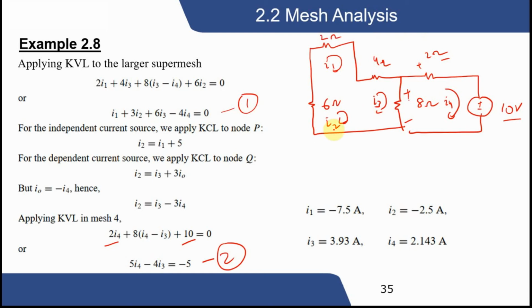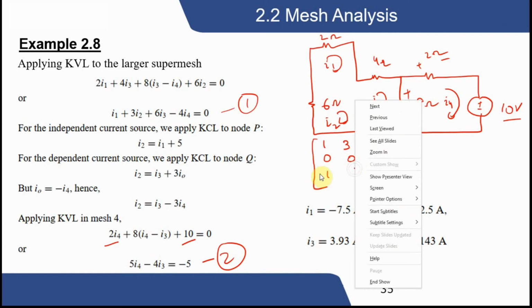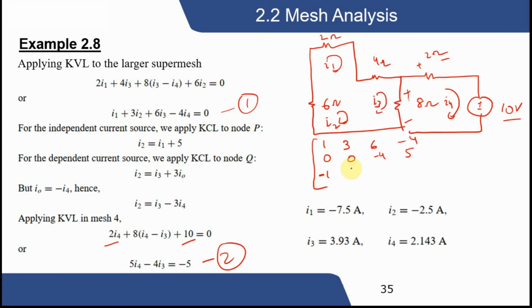I will just give you the matrix for easiness. We have 1, 3, 6, minus 4. Then for another equation, we have 0, 0, minus 4, 5. Then we have 1, minus 1, 1, 0.